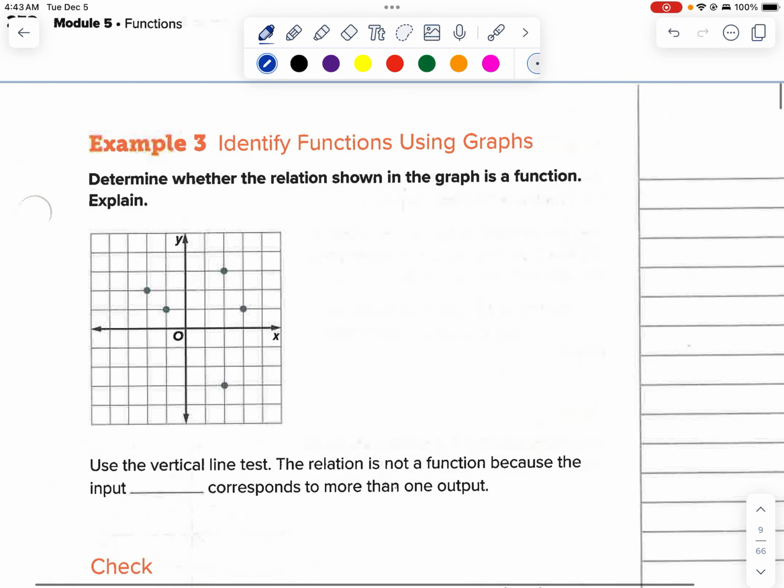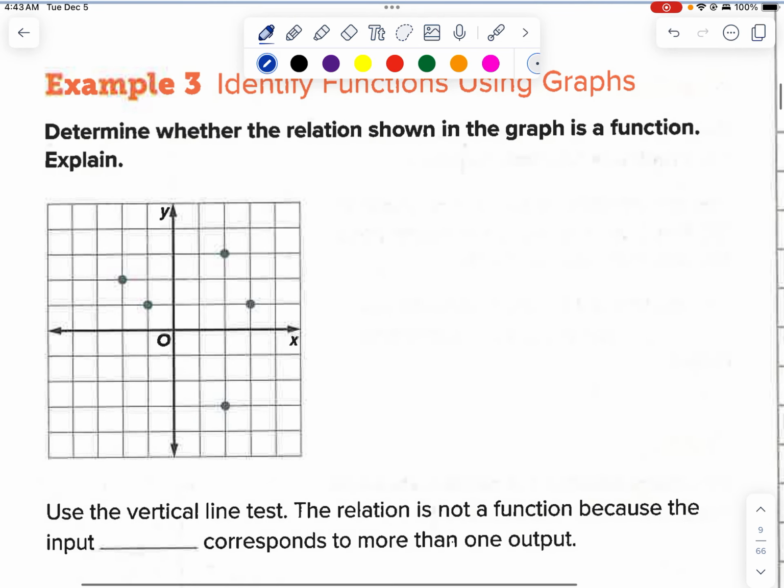So this time, yeah, the points are not connected to each other, but look at this. If I go like that, did it hit more than once? Nope. Did it hit more than once? Nope. Here. Oh, look at that. It hit here and it hit here.